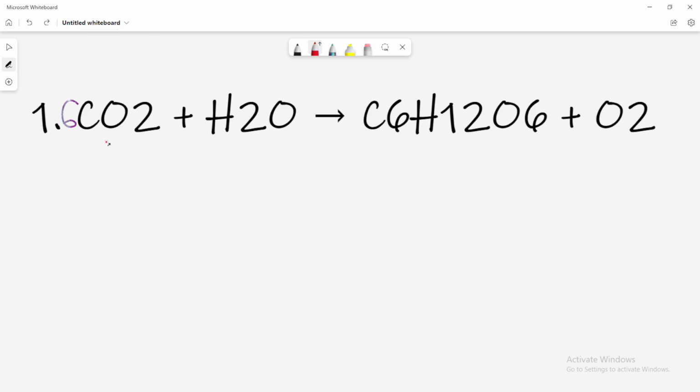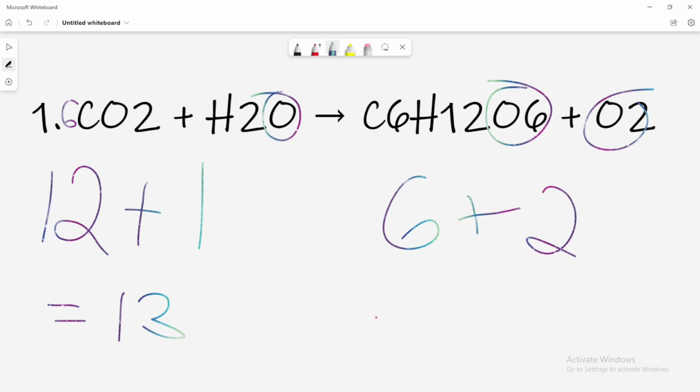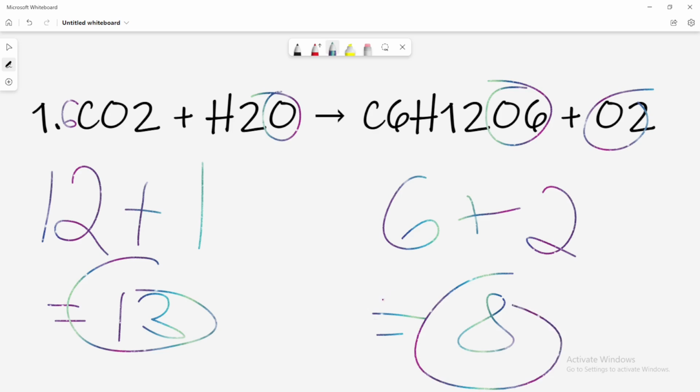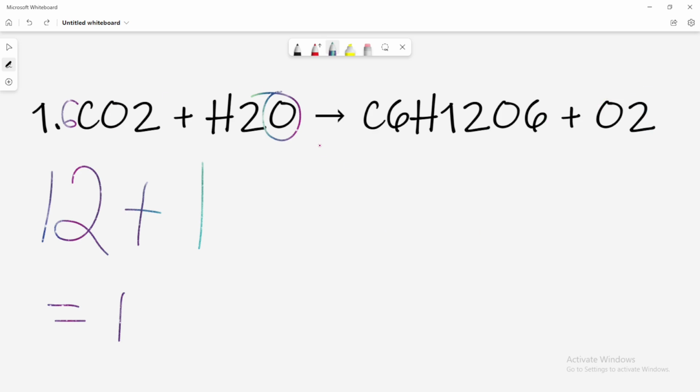So 6 times 2 equates to 12 oxygen atoms. Plus this oxygen, which is still on the left side, that equates to 13 oxygen atoms. Compared to this, we've got 6 oxygen atoms plus 2, that's now 8. Since this is an odd number and an even number, we'll be going back for that later. Since that's going to be hard to solve, we're going to solve for other atoms and elements instead. We'll be skipping this part.